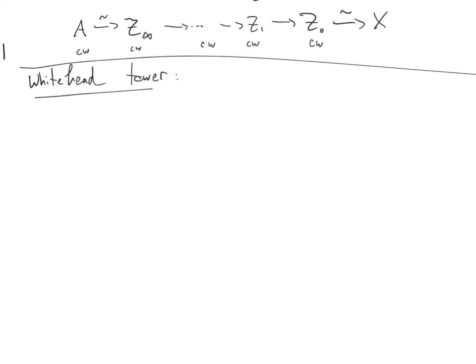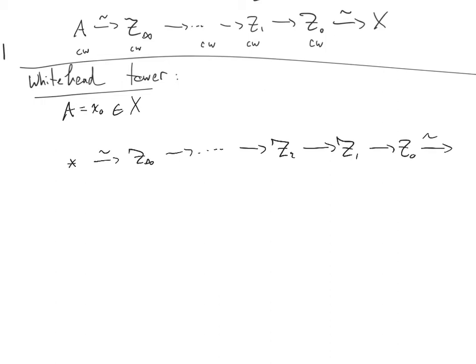I'm going to let A be the base point of X0 inside of X. So A is trivially CW. And then what I have here is a point, which is weakly equivalent to this Z infinity guy. And all of these are CW by construction.